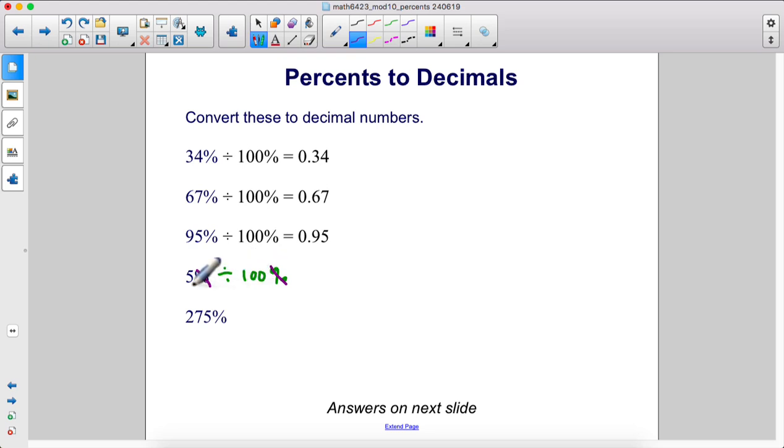Divided by 100, we move 2 spots over, which means we need to put a 0 in there. 0.05. 275% divided by 100%. All right, so our decimal's here. Well, first of all, our percent signs are going to cancel, and our decimal moves 2 spots to the left. 2.75. And there are all of the answers.